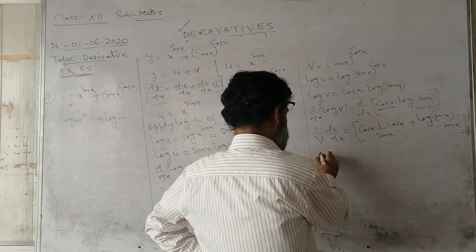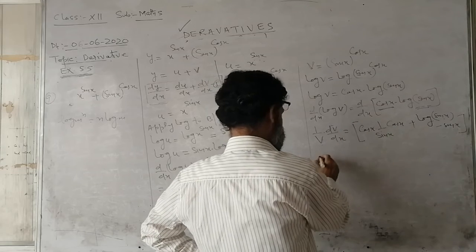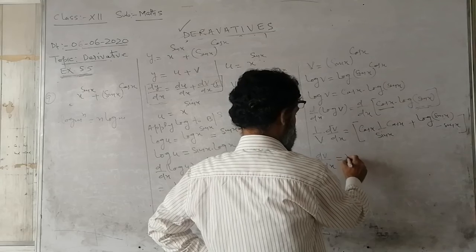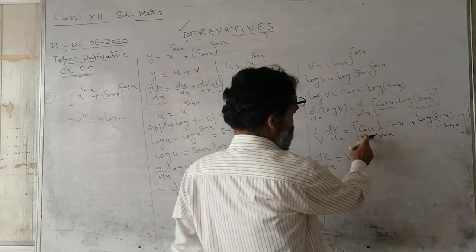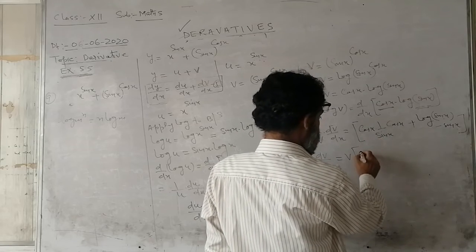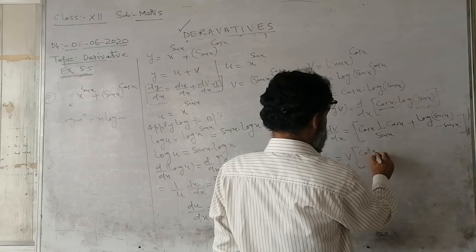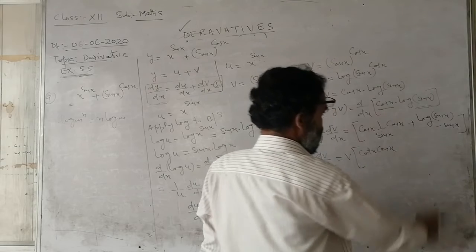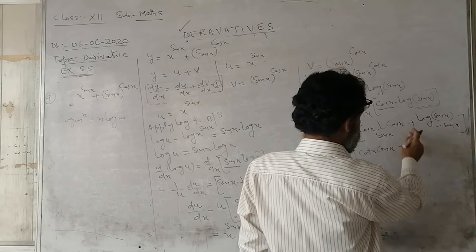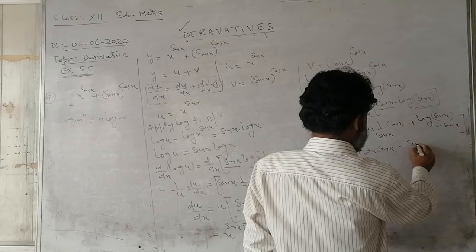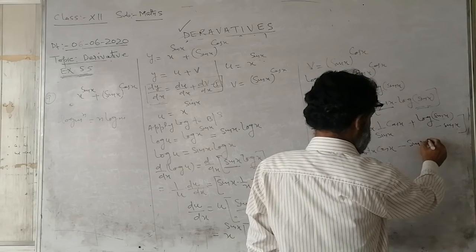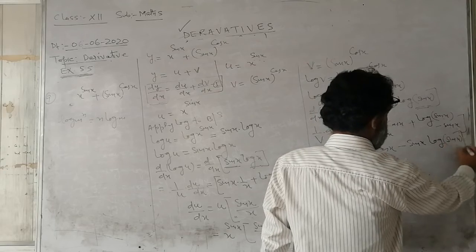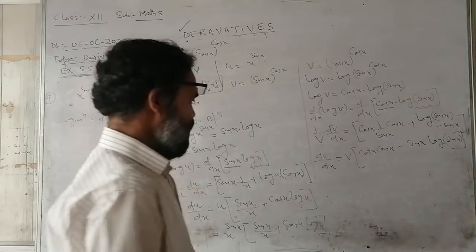So this v can be transferred here. So dv upon dx will equal v times, now this is cos upon sin, I can write it as cot x, into cos x. Now here is minus, so I can write plus into minus sin x, written first, and log of sin x. So this is the value of dv upon dx.